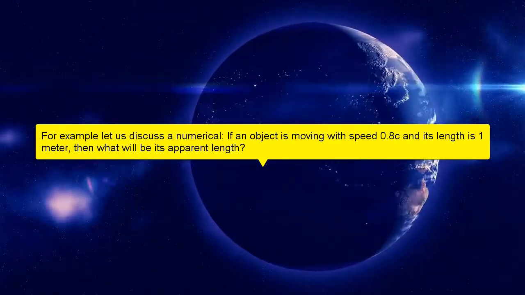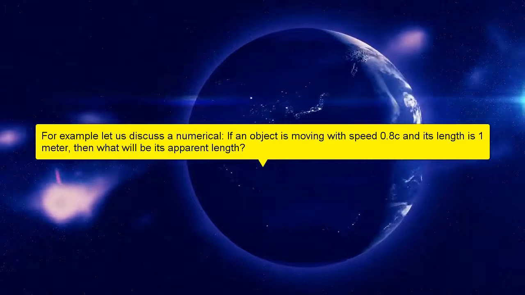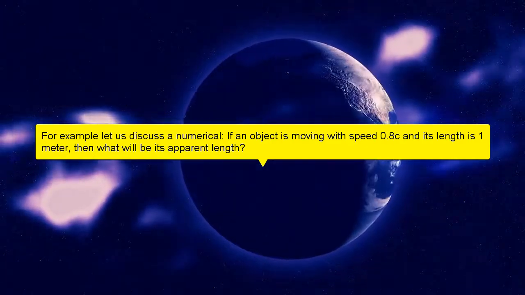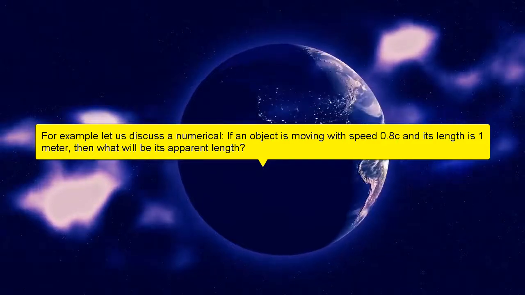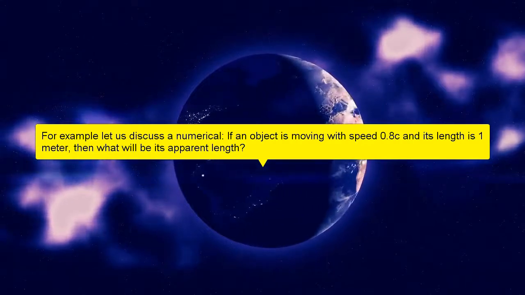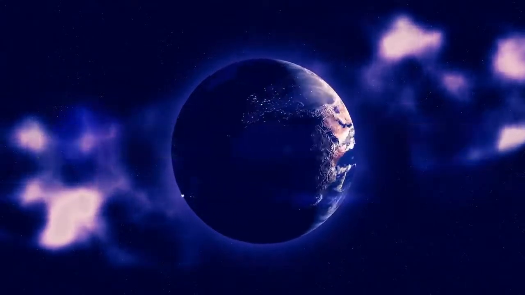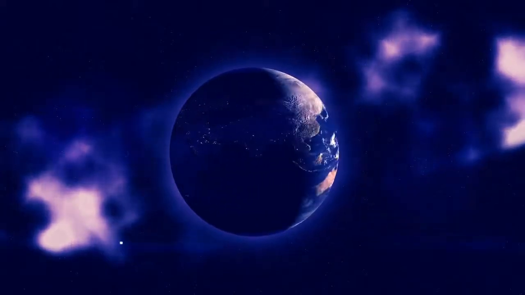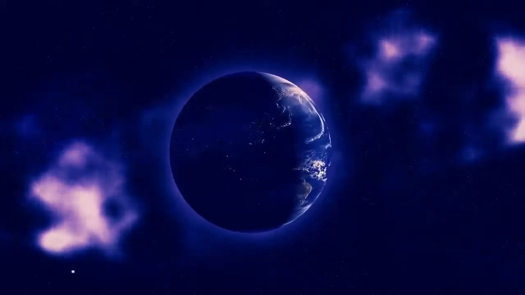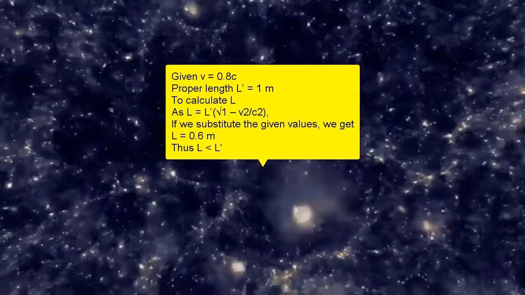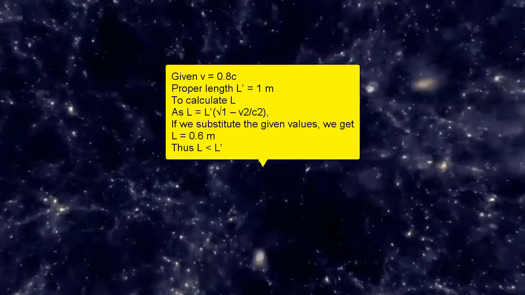So friends, what is the length? Yes, this is 0.6 meter. So 0.6 meter is less than 1 meter. It means the length is contracted here. So this is the problem: the speed is 0.8 c, the proper length is 1 meter, the apparent length is 0.6 meter, so L is less than L dash.